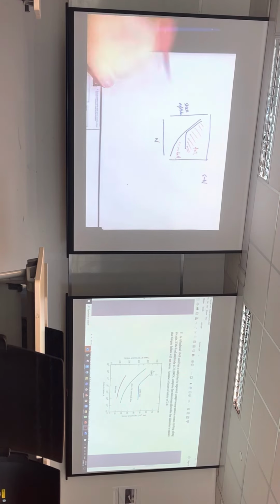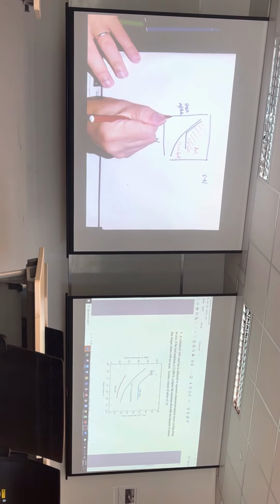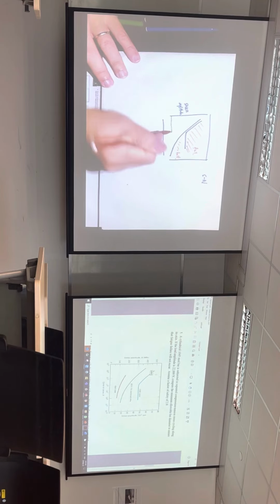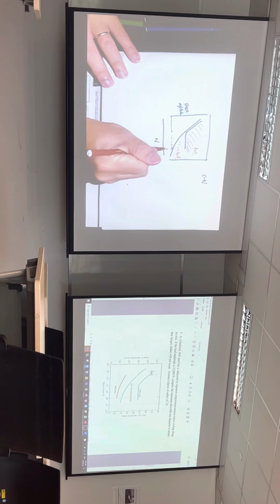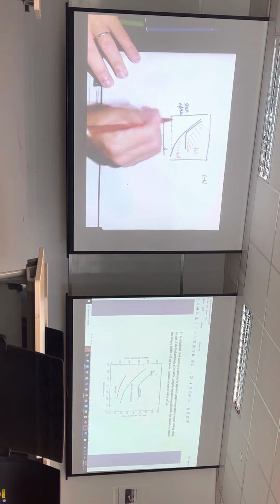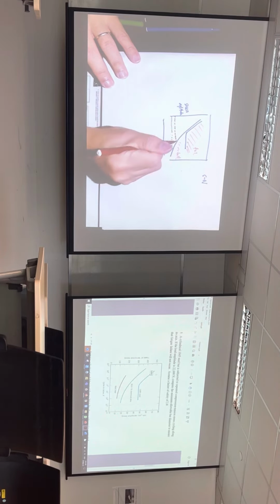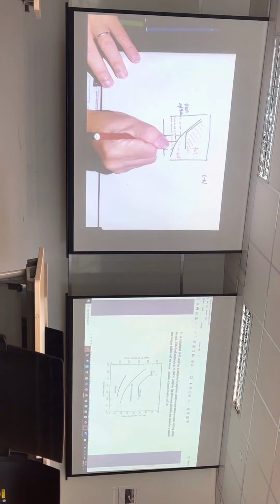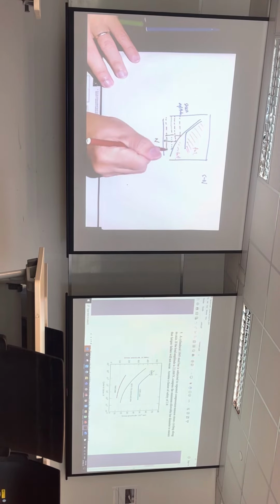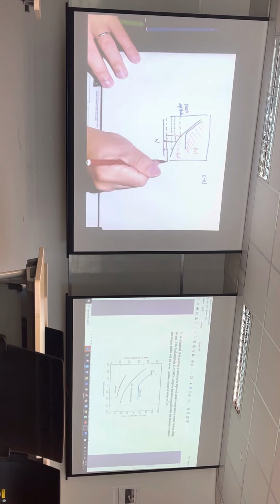So if you have a stress amplitude of this value, I can use it for X number of cycles, and then over here it will fail. This is for a particular material. If I go for higher stress, it will fail earlier. Even higher, it will fail sooner. When I go to a very low value, it takes a longer time to fail.